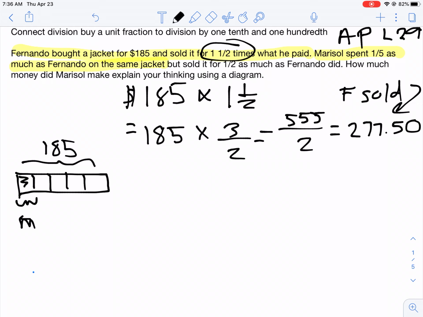Just this 1/5 part. Okay, so 1/5 of your equation for this, I'm going to turn this blue, would be 1/5 of 185, which is the same as 1/5 times 185, which is 185 divided by 5, which gives us $37.